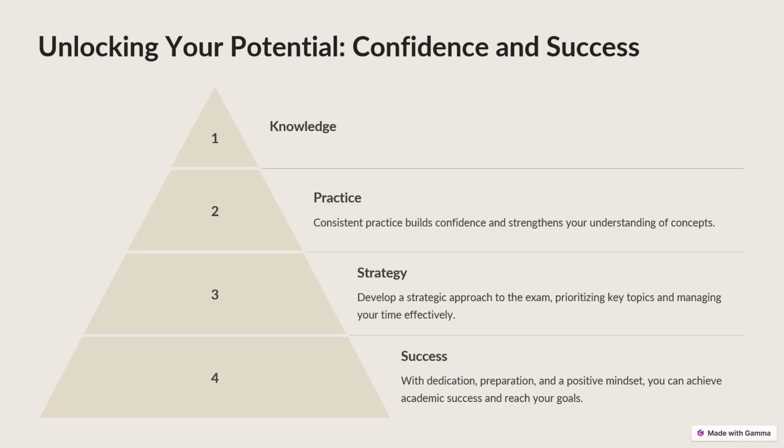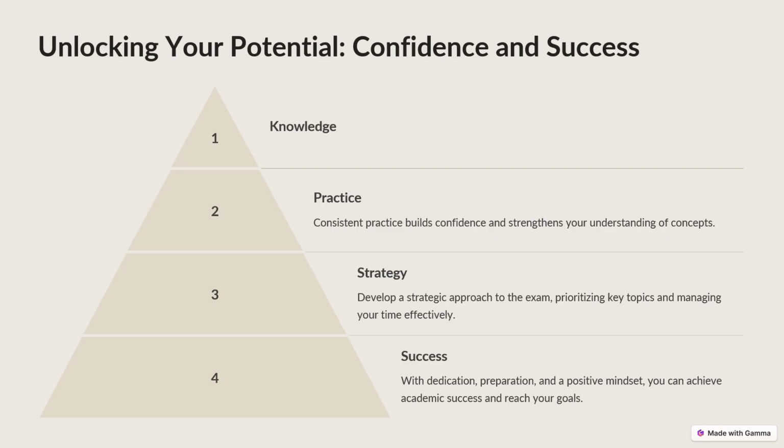Unlocking your potential, confidence, and success. The steps you take from bottom to where success is knowledge, practice, strategy, and success. I've said it before that you need to gather knowledge, study these concepts, the topics I've shared with you, study them, then practice.